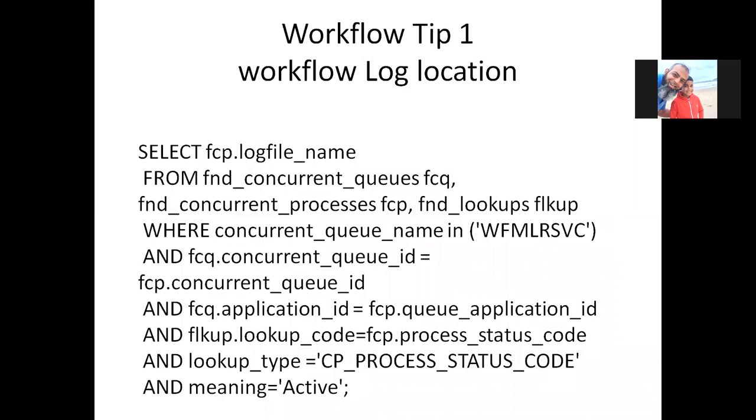My first tip is for when you have workflow issues. If you log an SR, the first thing Oracle will say is to upload the log file, or you as a DBA want to see where the error is. This is the SQL that you can run against your database to see where the workflow log file is, and you can open the log file and view it.